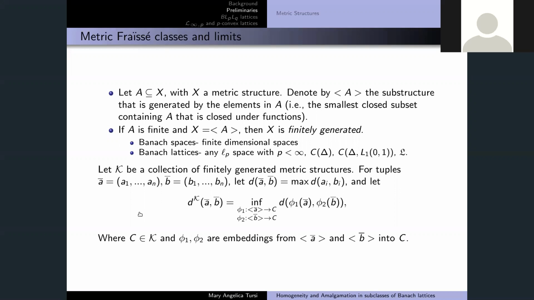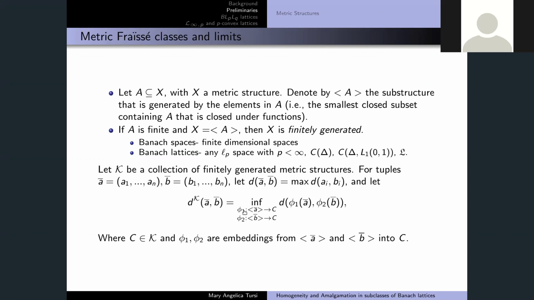And so now, say you have a collection of these finitely generated metric structures, and I am defining the structures by these tuples that generate the structures themselves. Suppose that my A and B are of the same length, and I'm going to define a distance between the tuples.